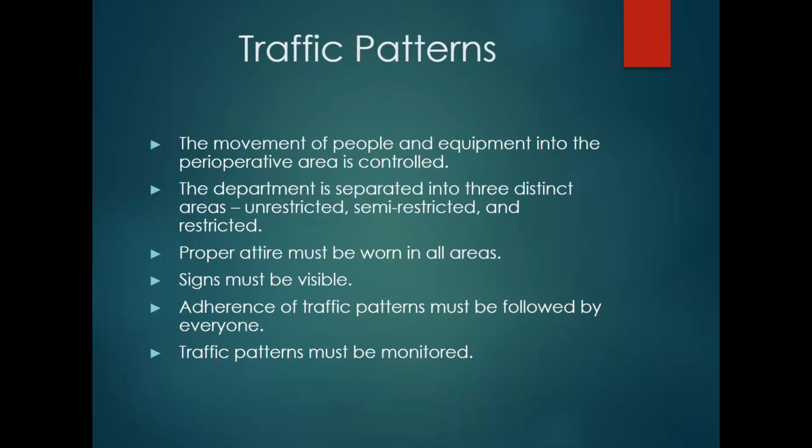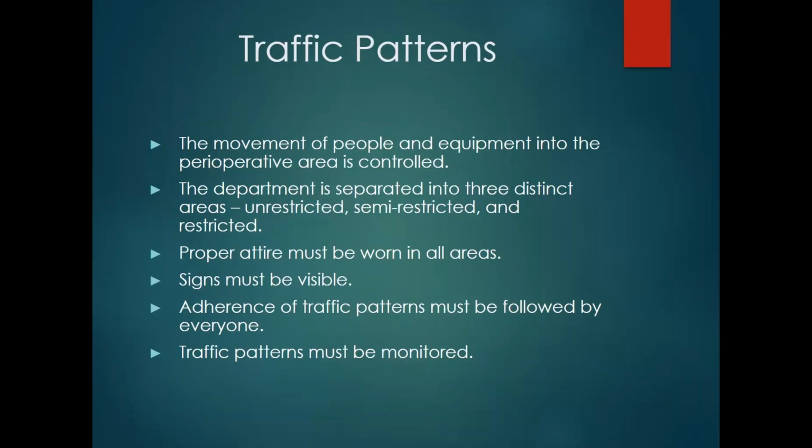Traffic patterns are the physical routes that people and equipment in the healthcare facility take. The Joint Commission recommends guidelines regarding traffic patterns. The movement of people and equipment in the pre-op area is controlled. Again, this means that only personnel can enter those specific areas.